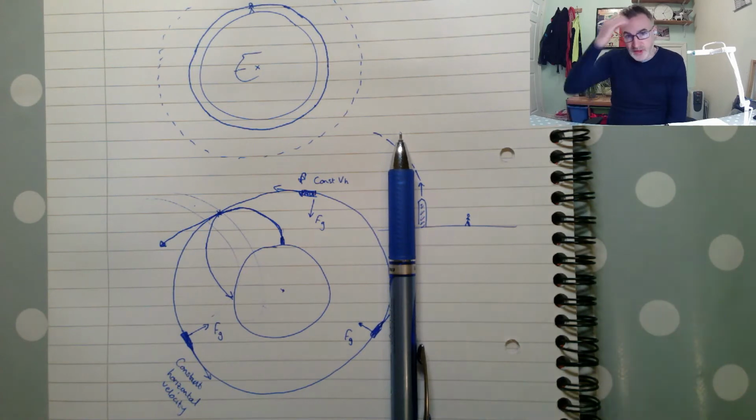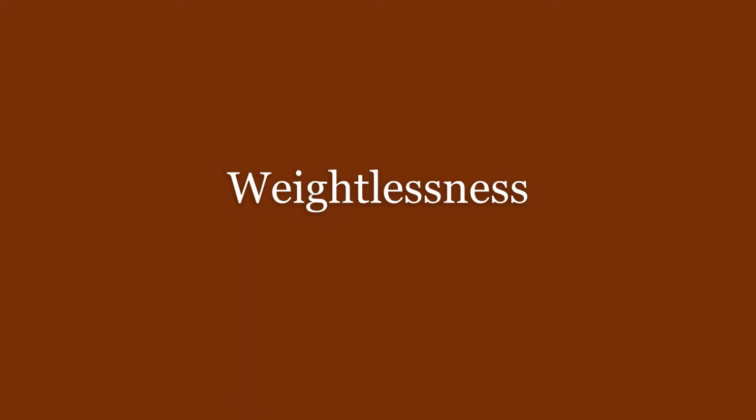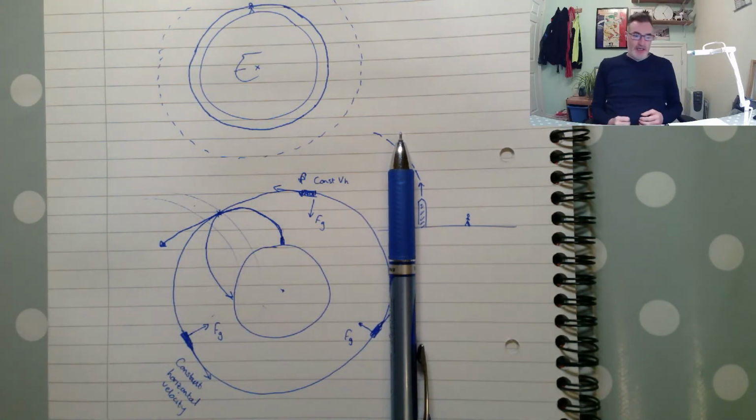Okay, in the next bit, I'm going to talk about weightlessness. You go up into space and you float around, so you must be weightless. But does that make sense?